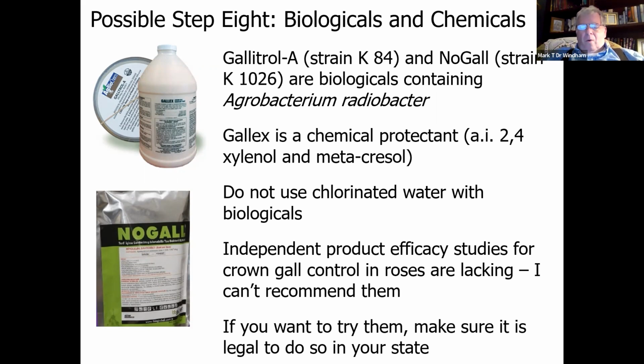It may be a little more desirable, but here's the problem with both of them. There are studies that Agrobacterium radiobacter works in reducing incidence of crown gall where it was used in New Zealand, Australia, and in Spain. But there have been several studies done in North America. When I say North America, Canada and the United States, and it didn't work in any of them.